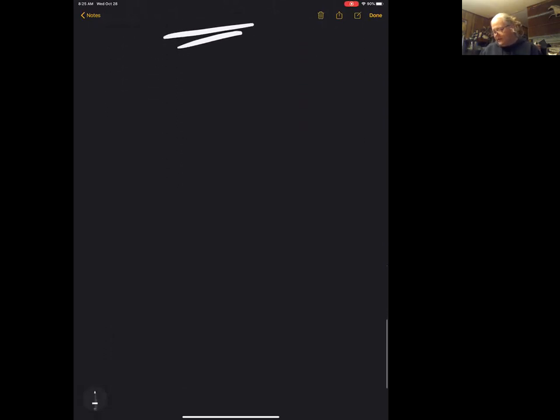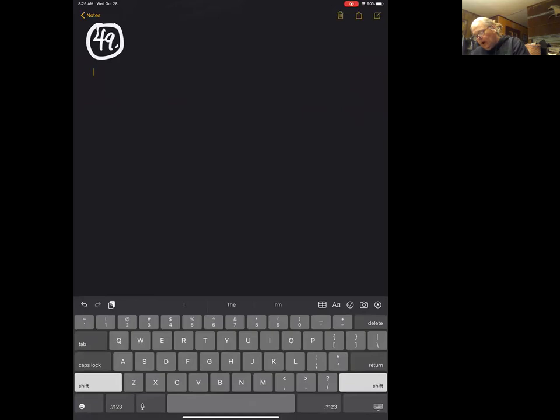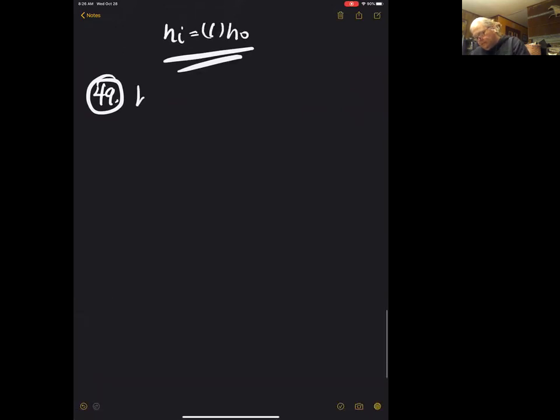All righty. Let's do another one. Let's do 49. Okay. It says a 1 centimeter tall object is 60 centimeters in front of a diverging lens.